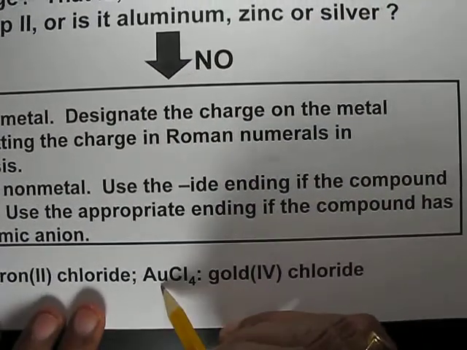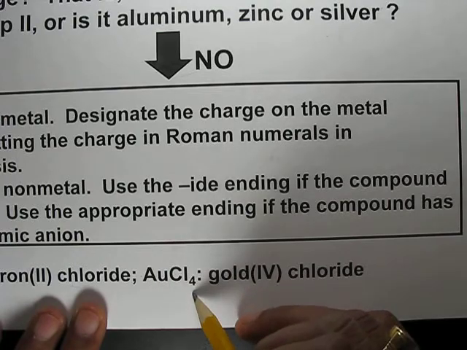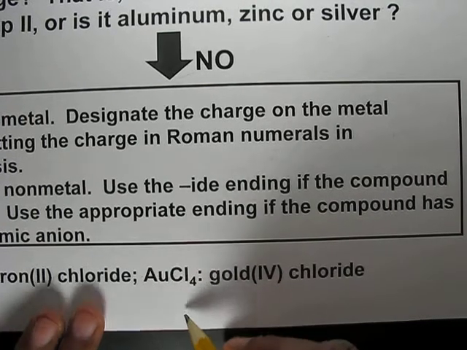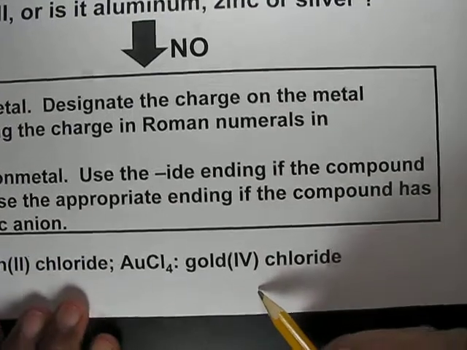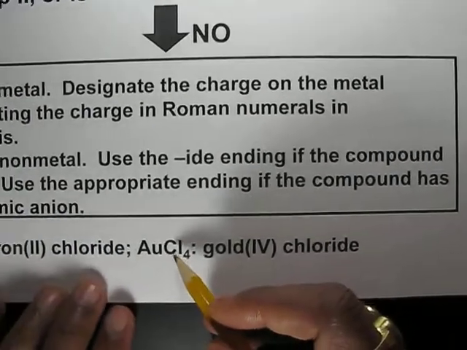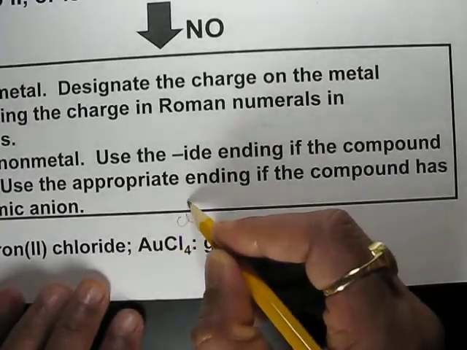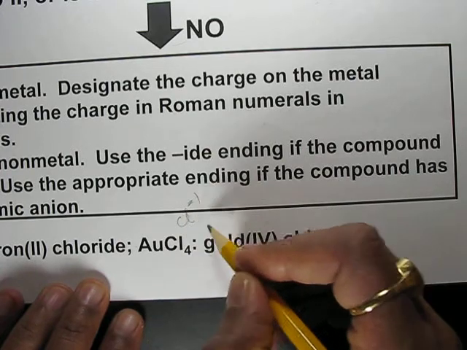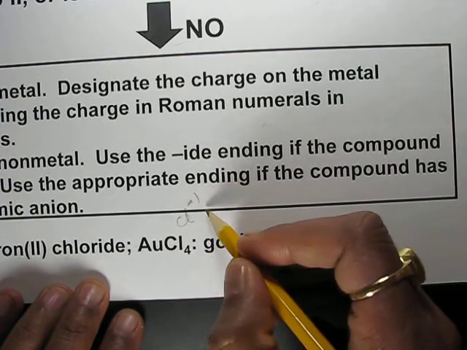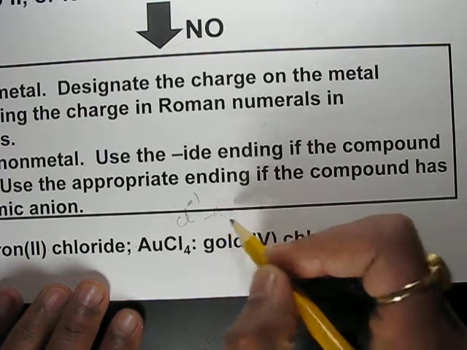Another example is gold tetrachloride. This is gold, Au, which is called aurous. Again chloride has a -1 charge and there are 4 chlorides, so the total charge is -4.